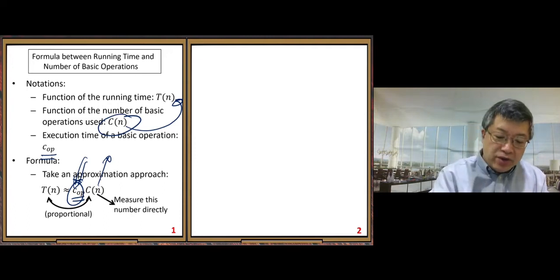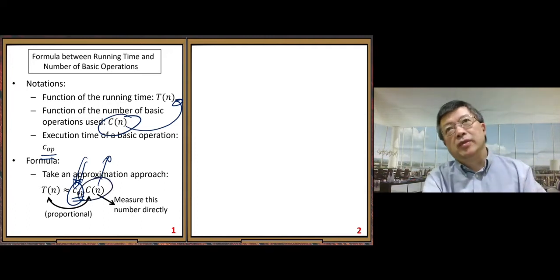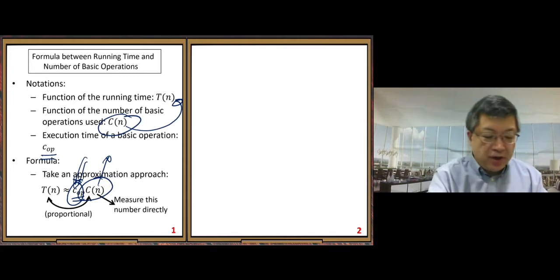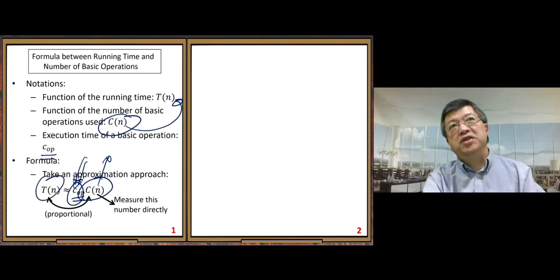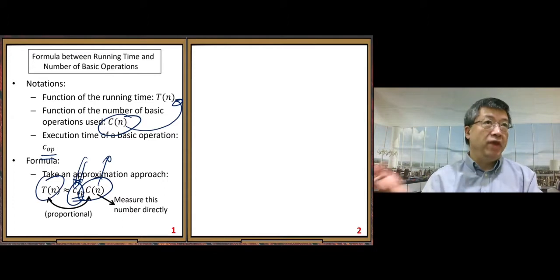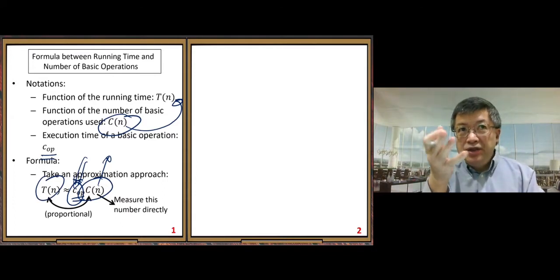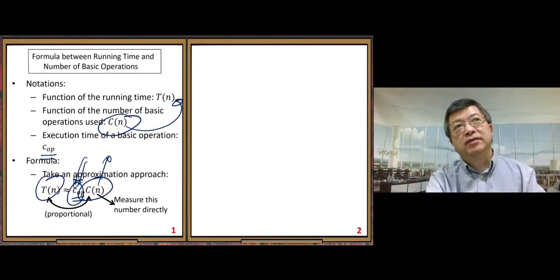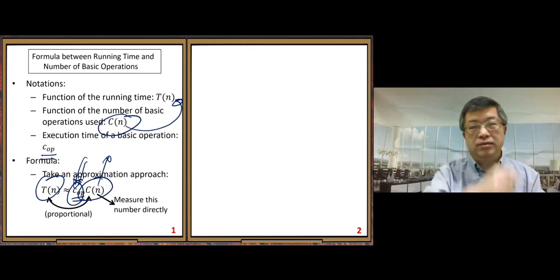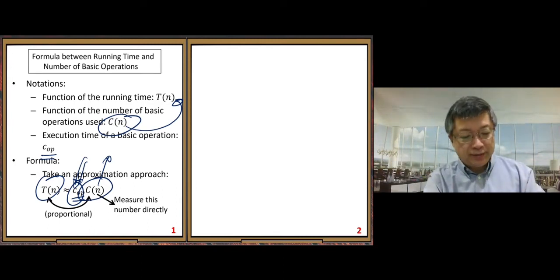Later, when we use the C of n function, it's more convenient than using the T of n function because that's the counting number. That number we can easily get, counting the number of operations.